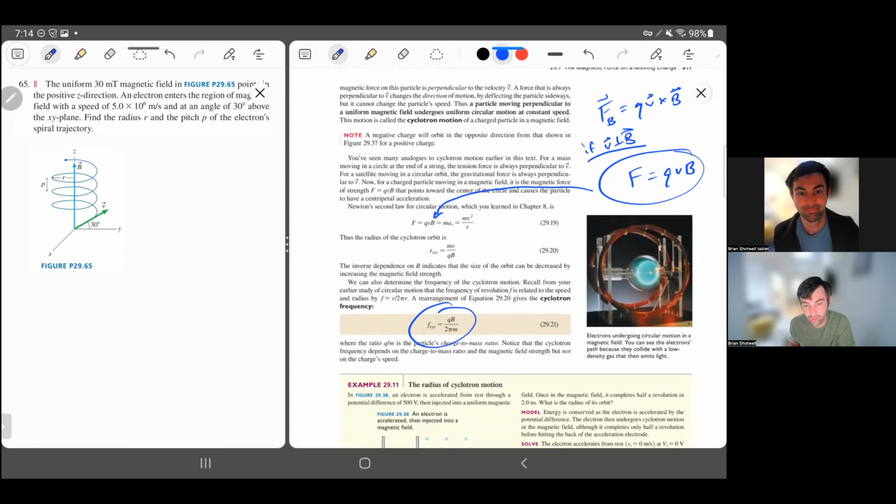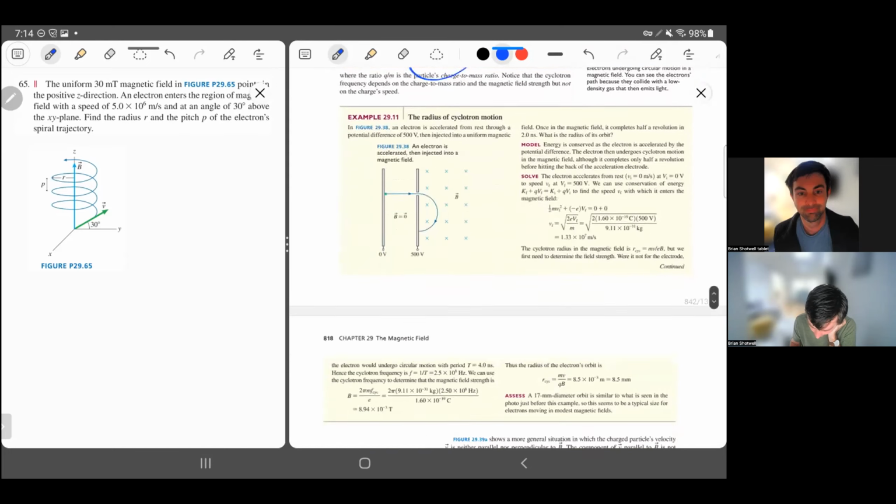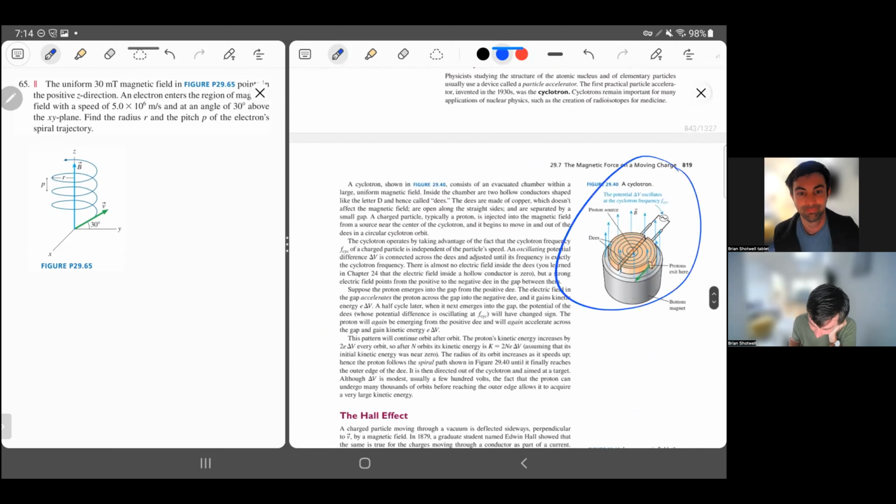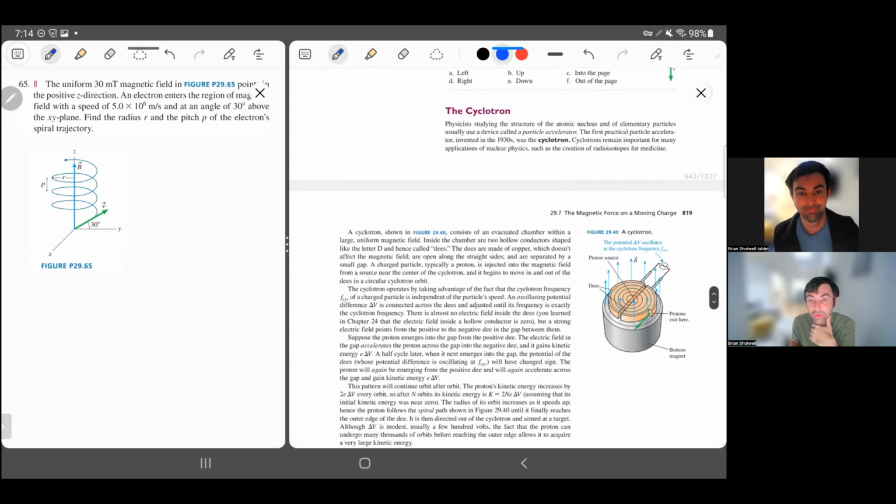It still depends on the charge to mass ratio, but no matter how fast that particle is moving, it takes the same amount of time to do one full circle. The radius of the circle depends on the speed, but the frequency doesn't. And your book talks about a practical application of this in accelerating particles called the cyclotron.